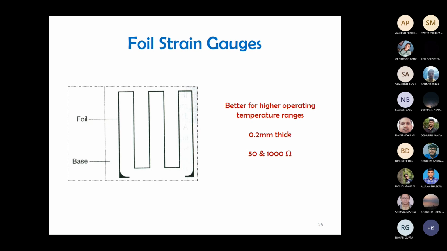In this case you have to use some foils. Foils are better for higher operating temperature, that is the important issue. The temperature withstanding capability is higher in foil strain gauge configurations, and it is almost 0.2 mm thick, so that can also prevent other issues.